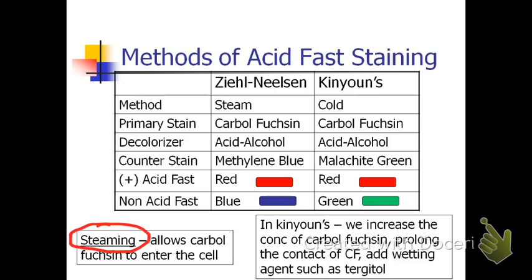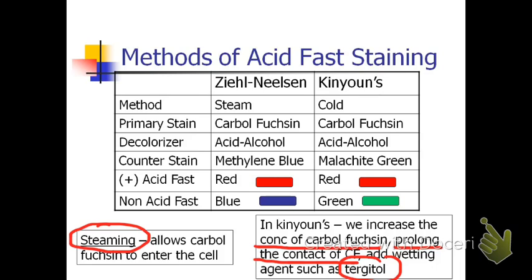Instead of steaming, we increase the concentration of carbolfuchsin, or we prolong the contact of carbolfuchsin relative to the Ziehl-Neelsen method, or some other methods employ the addition of a wetting agent known as tergitol. So tergitol is an example of a wetting agent. Both of these, the Ziehl-Neelsen and Kinyoun's methods, stain red.